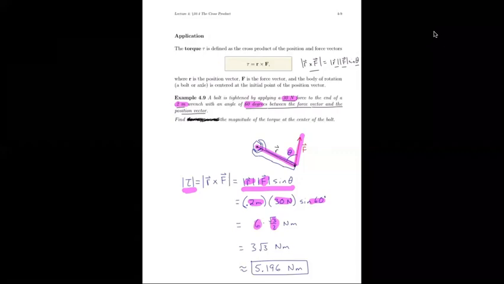This is a 6. And in the end, we'll round this to a few decimal places, and we end up with 5.196 Newton meters. And we'll leave it at that. Okay, so that is a torque application. And that concludes section 10.4.